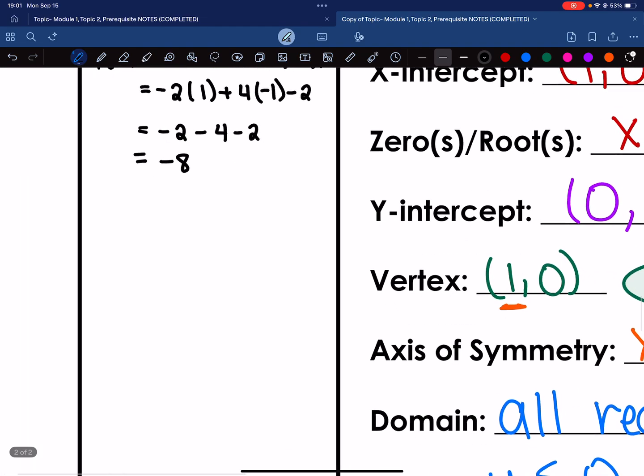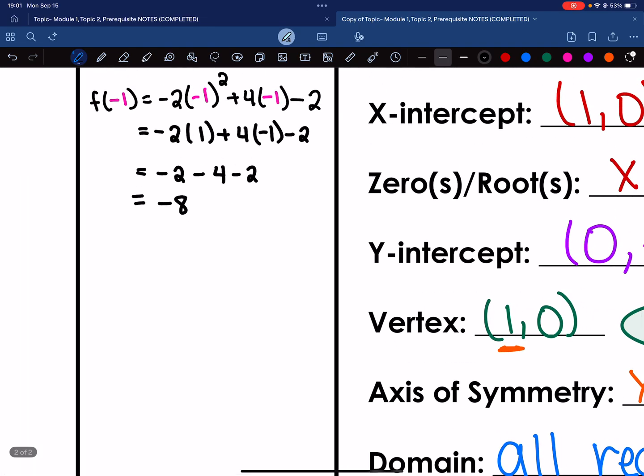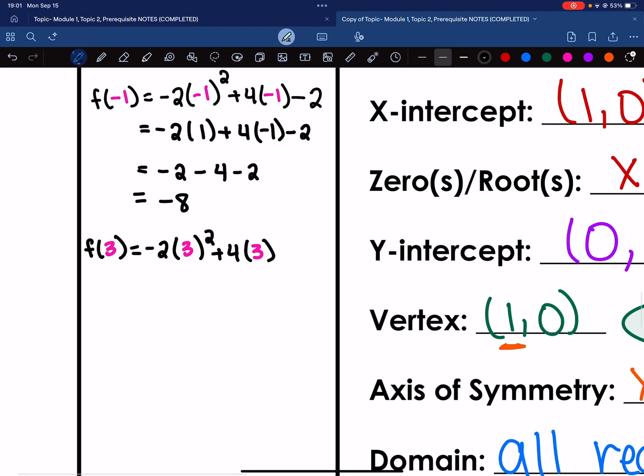So now we're going to repeat this exact same process, but this time we're going to plug in 3. So again, square first. So 3 squared is 9, so -2 times 9 plus 4 times 3 minus 2.